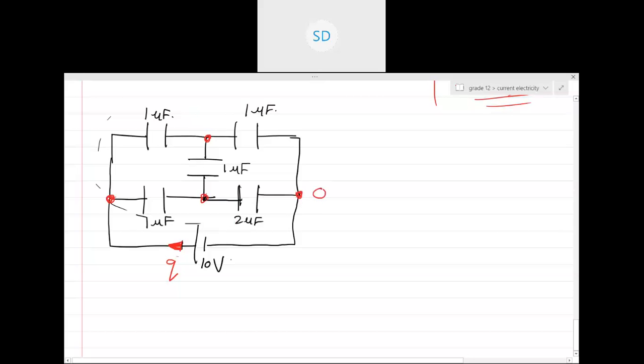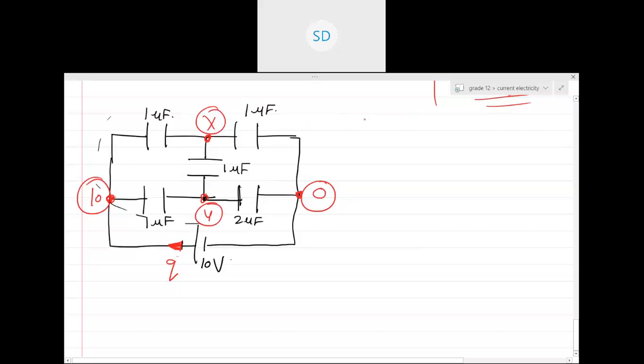So now this will be 0. This will be 10. I don't know these ones, so I'll name this as X and this as Y. Initially, if they would have been resistors, I would have written X minus 10 upon 1, right? But they are capacitances.